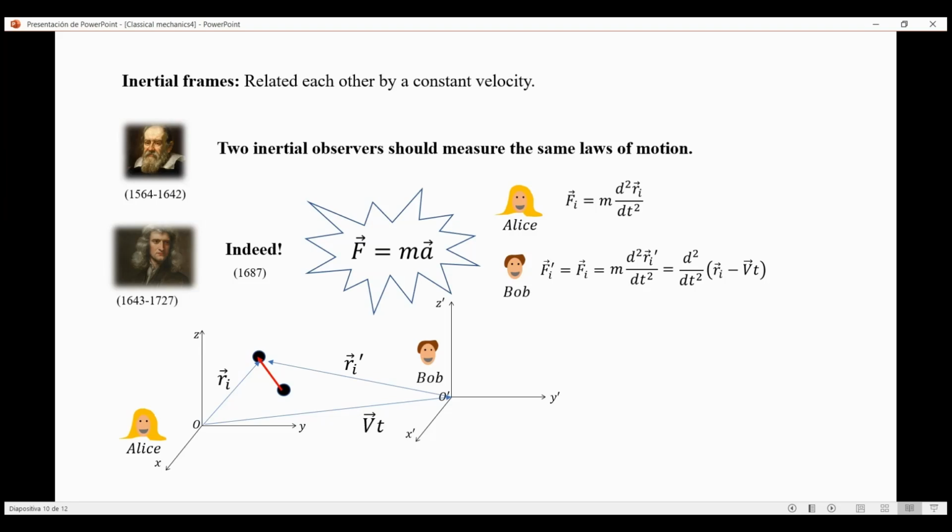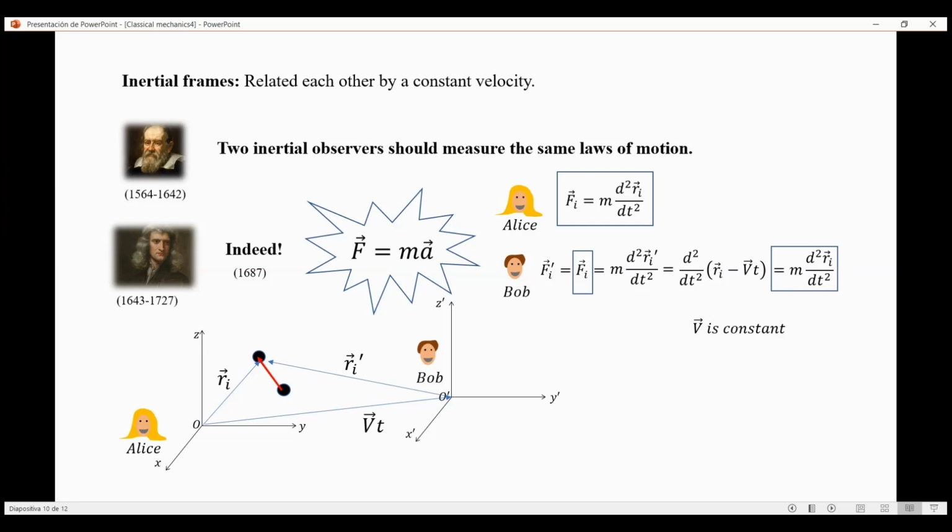But r prime sub i is simply r sub i minus Vt under a Galileo transformation. And since O prime, X prime, Y prime, Z prime is an inertial frame, V is constant. Therefore, its second derivative in time is zero, and Bob also sees an acceleration for the i particle given by the second derivative of r sub i, and the particle has mass m, the same as Alice sees.